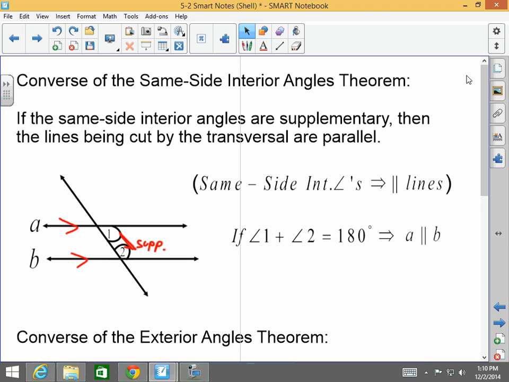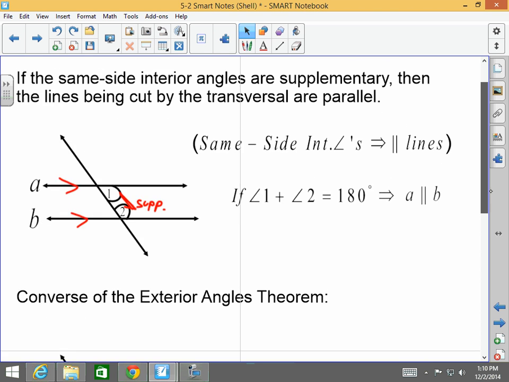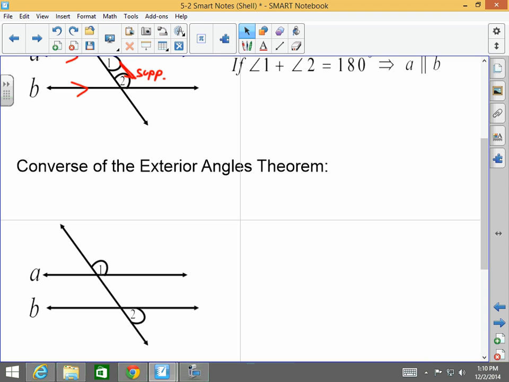If two lines are perpendicular to a third line, or transversal, then the lines that are perpendicular to that transversal are parallel. If the same side interior angles are supplementary, then the lines being cut by the transversal are parallel.